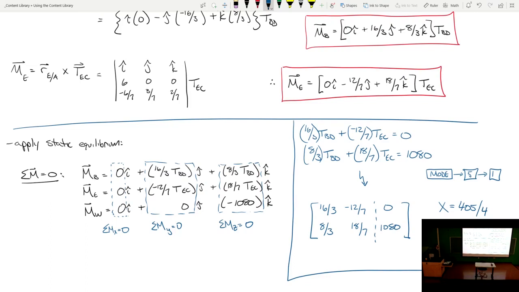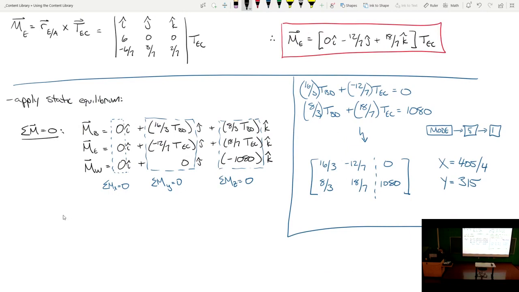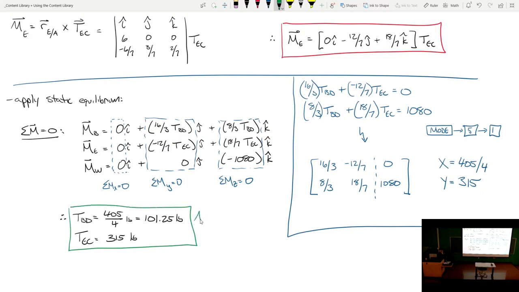That's what you should get when you solve this out. So what that means should mean that.